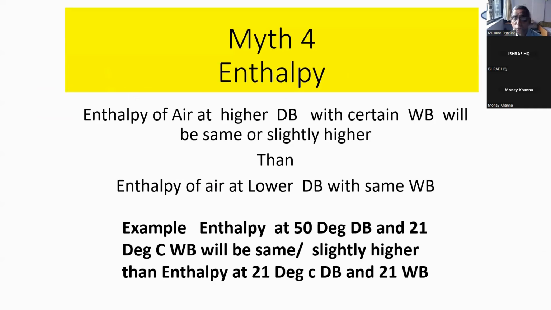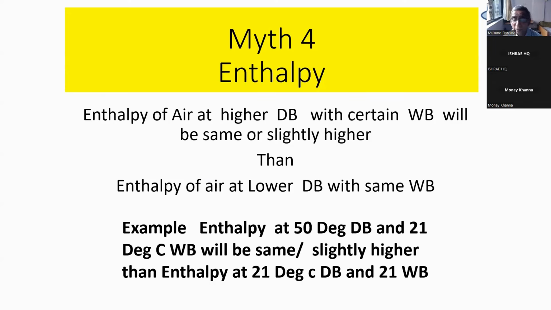Now let us go to the fourth myth, enthalpy. Let us say that we have two airs. One has a higher dry bulb temperature and a certain wet bulb, and the other has a lower dry bulb temperature but the same wet bulb temperature. For example, compare the enthalpy at 50 degree dry bulb and 21 wet bulb with 21 degree dry bulb and 21 degree wet bulb.